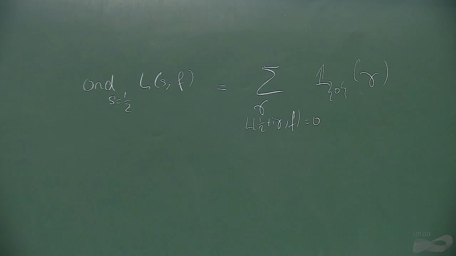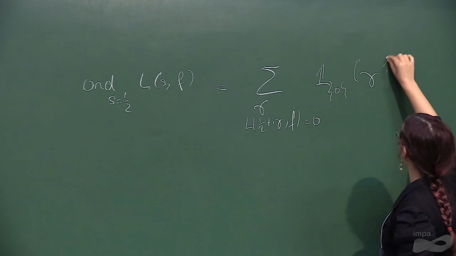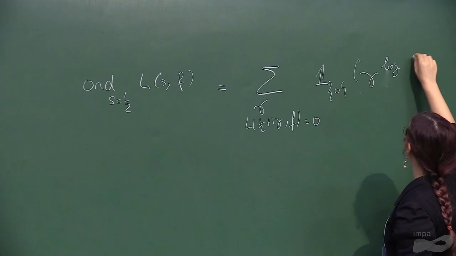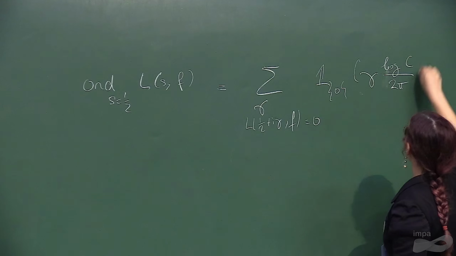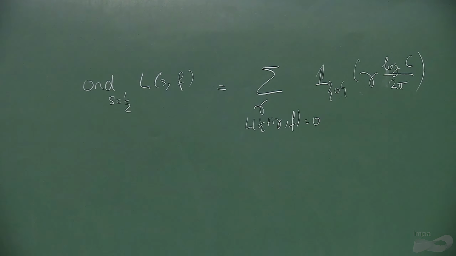So this is the usual trick in number theory. When you have a quantity, you write it as a sum, sum of ones. And as I said, the correct normalization is with the log of the conductor. So I'm going to write log of the conductor here. I hope I'm writing the normalization in the right direction, yes.